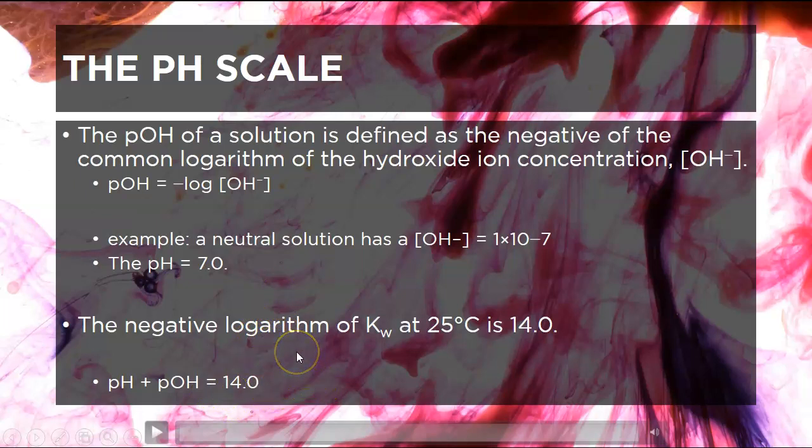So if the pH is 7 for something, a neutral solution, what do you think the pOH would have to be? 7. Yeah, they'd have to add up to 14. So if the pH was 2, pOH would be 12. Yeah, you got it.